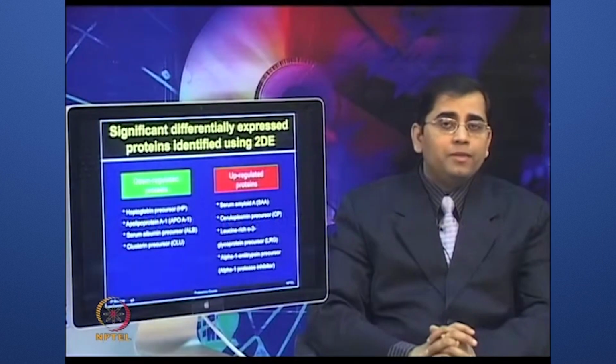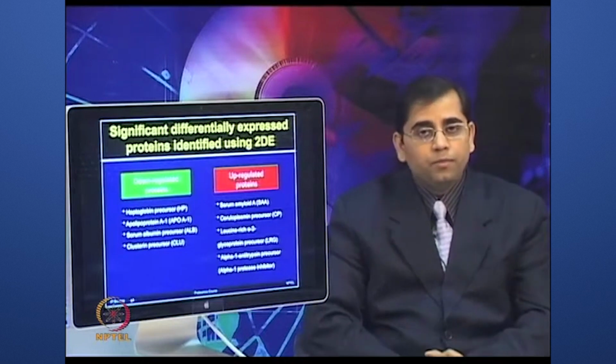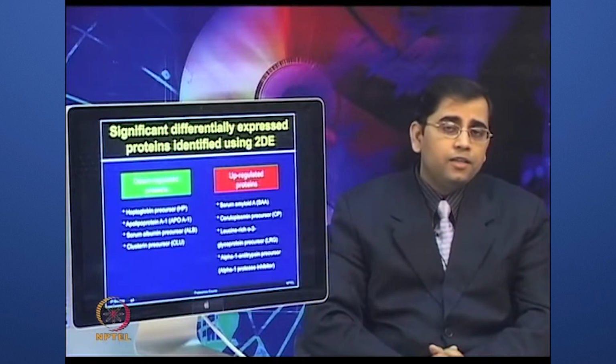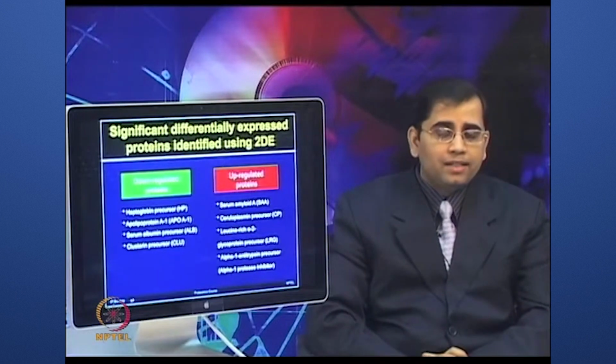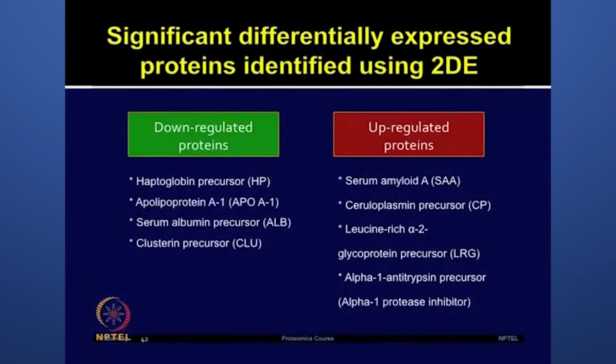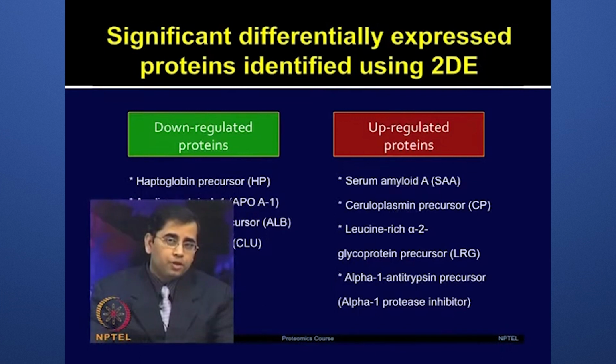But at the end, from these mass spectrometry experiments, one can obtain the identity of these proteins, and as you can see in the slide, there are several proteins in the human host that were differentially expressed due to the Plasmodium vivax infection.